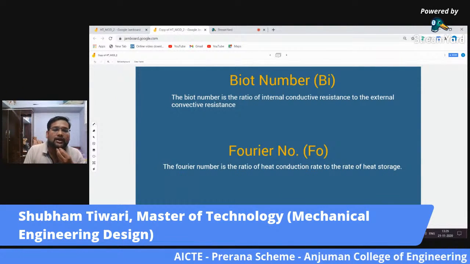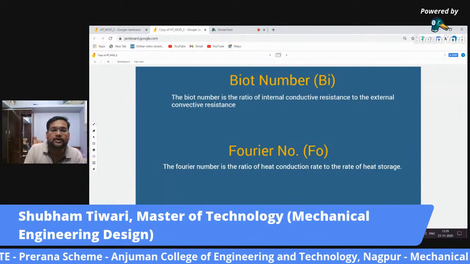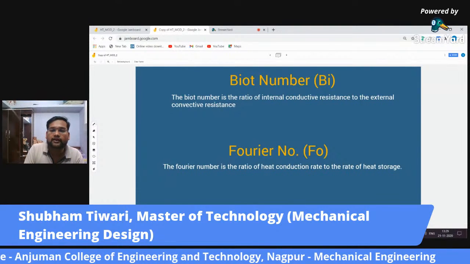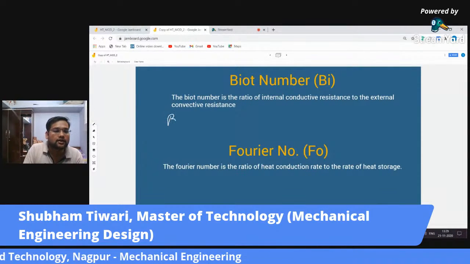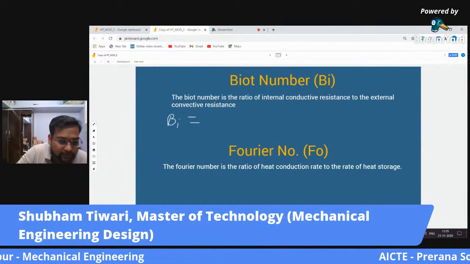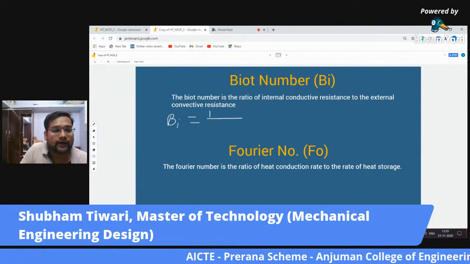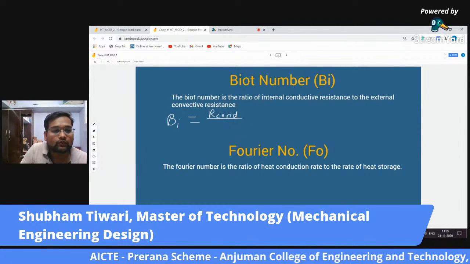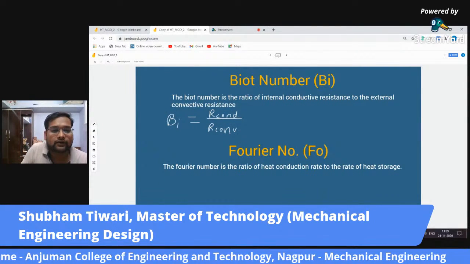So what is Biot number? Biot number is said to be the ratio of internal conductive resistance to the external convective resistance. So Bi equals R conduction upon R convection.